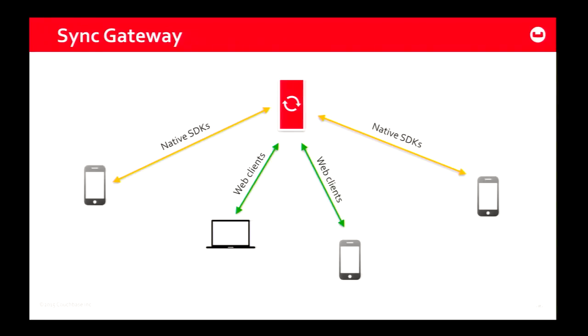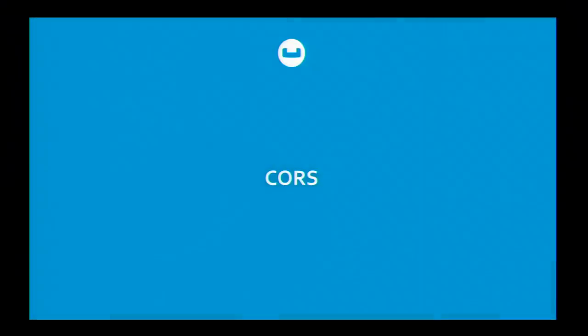So the first thing when you get started using Sync Gateway with web, so that's in a web view in the browser, is to think about CORS, because you don't want to have to set up a web server to then proxy that to Sync Gateway.